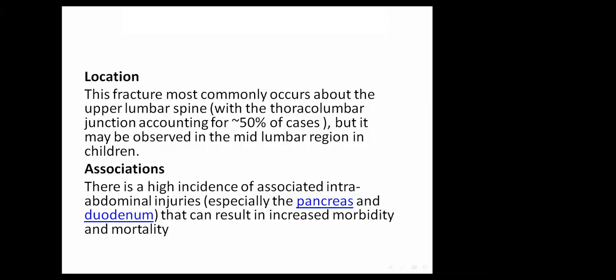Location: this fracture most commonly occurs in the upper lumbar spine and thoraco-lumbar junction, accounting for 50% of cases, but it may occur in the middle lumbar region. Associated abdominal injury, especially pancreatic and duodenal injury, can result in increased morbidity and mortality.